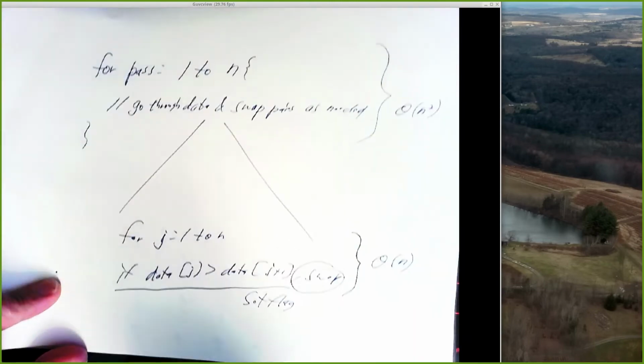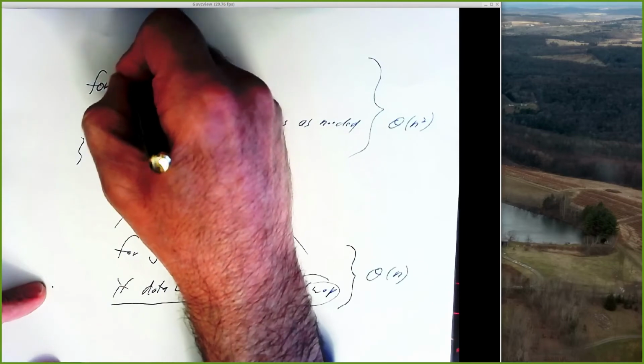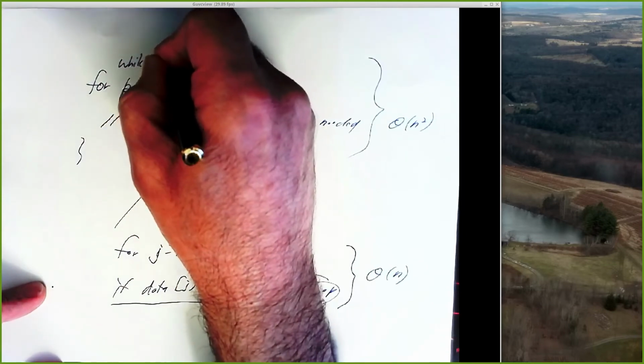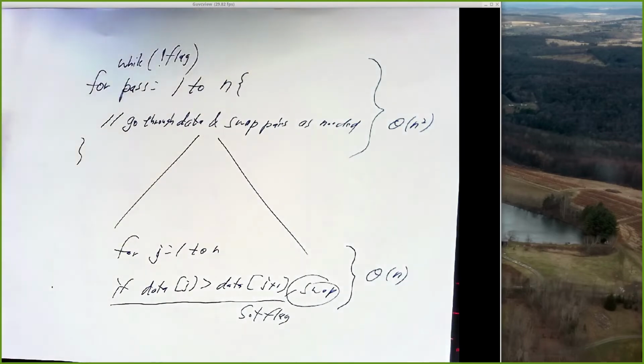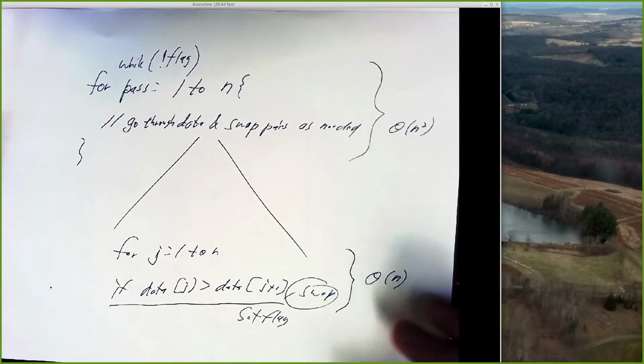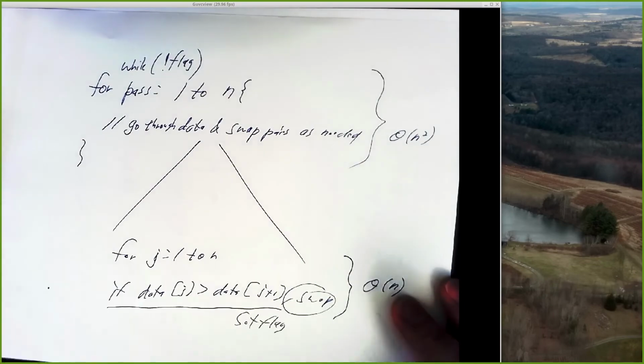Then our outer loop could simply be: while the flag has not been set, we'll keep making passes through our data until our data is sorted. And that won't be any worse than n squared, but it might be better.